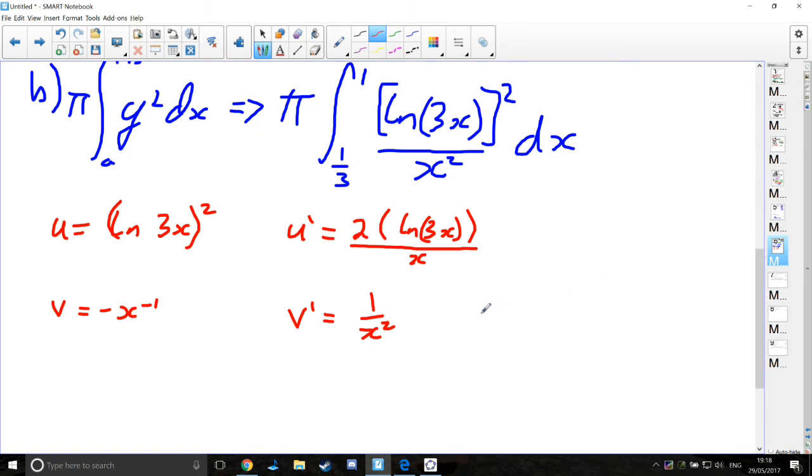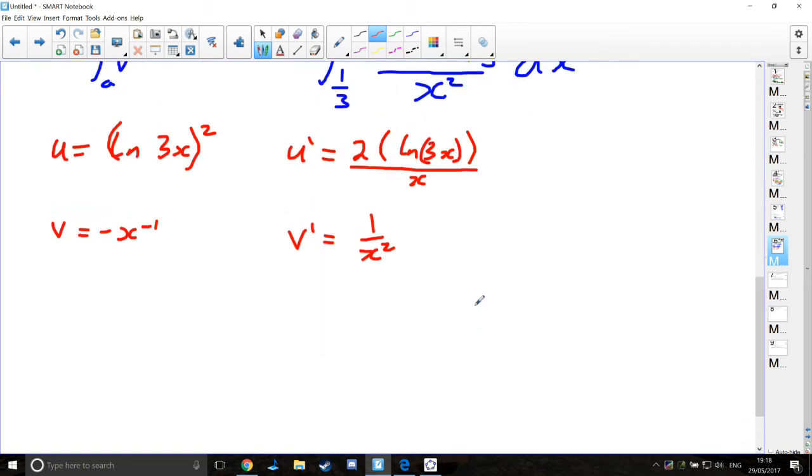Oh boy, let's integrate this. So it's uv, so that's ln of 3x all squared. Let's put the negative on the outside and the x on the bottom for that. Same as before, this is x to the minus 1, so that's 1 over x, and there's a negative, so I've just rearranged it to look like that.